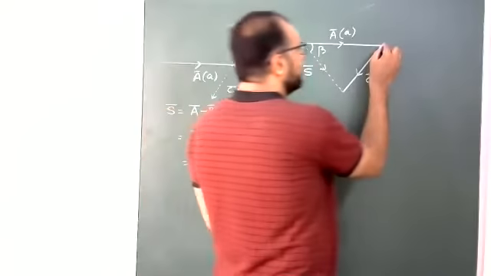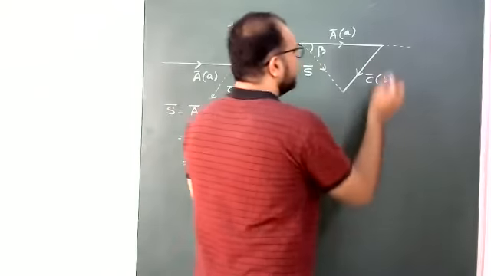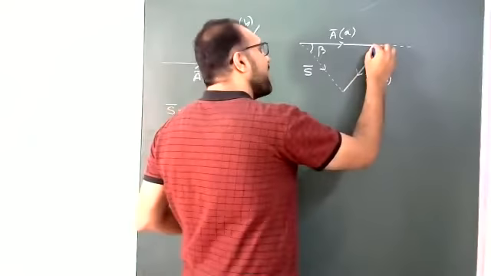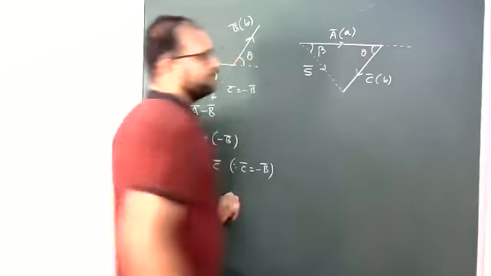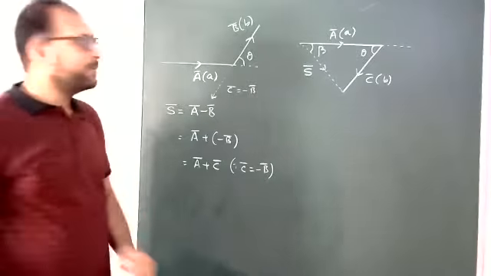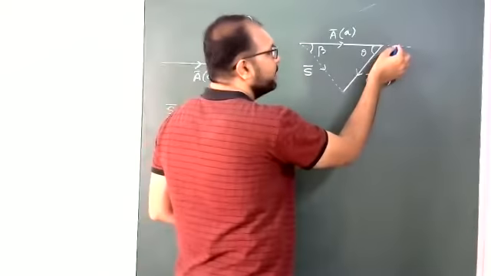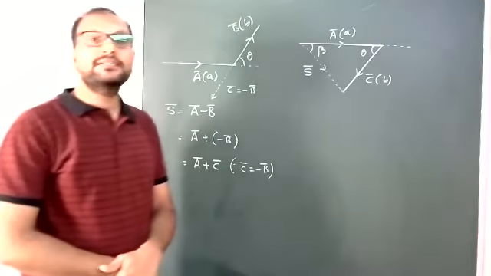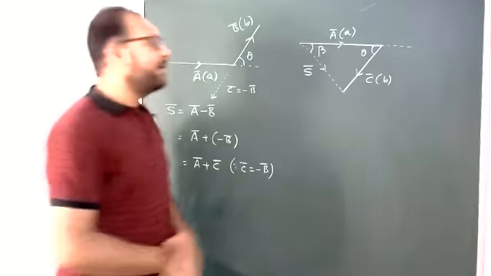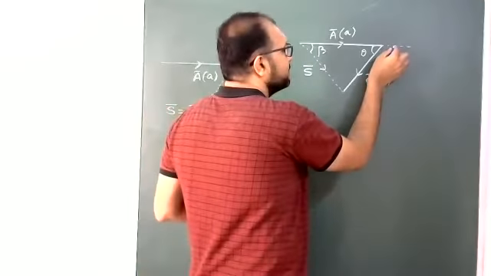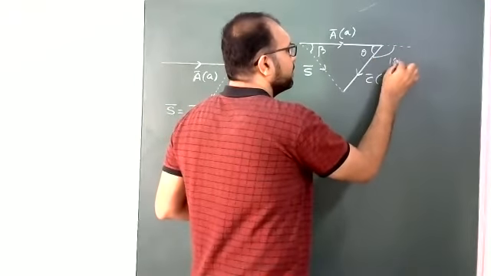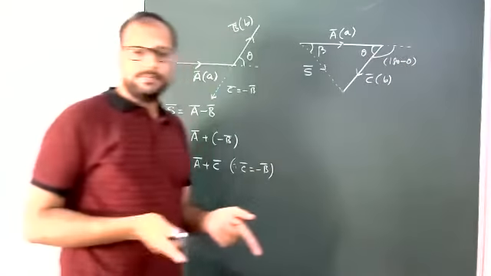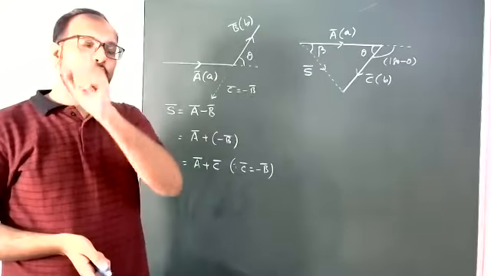Yes, so students, now here this angle is theta, and even this angle is also theta. But now this angle we don't need. We need this angle, that is 180 minus theta. Why am I taking this angle? Because it is the angle between two vectors.